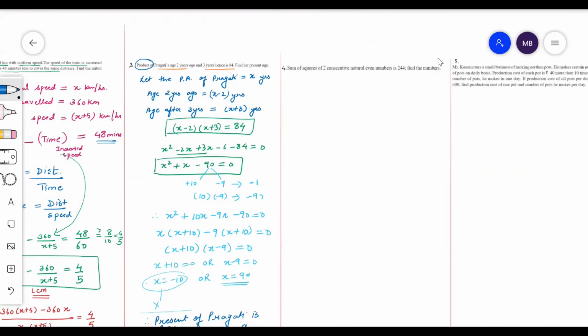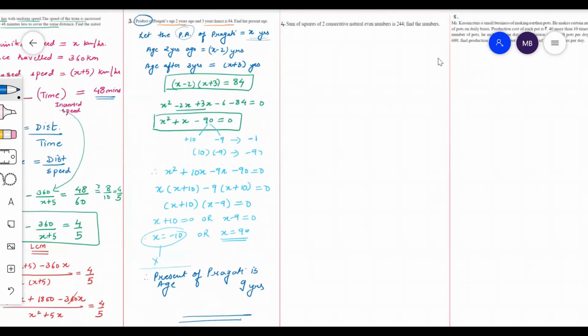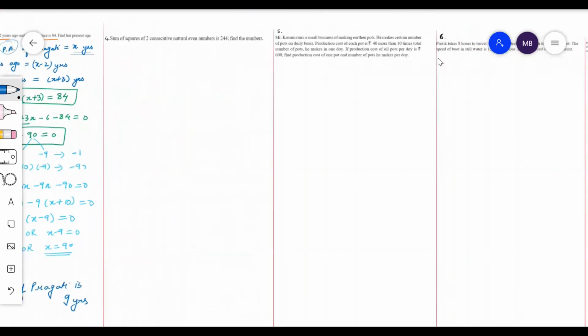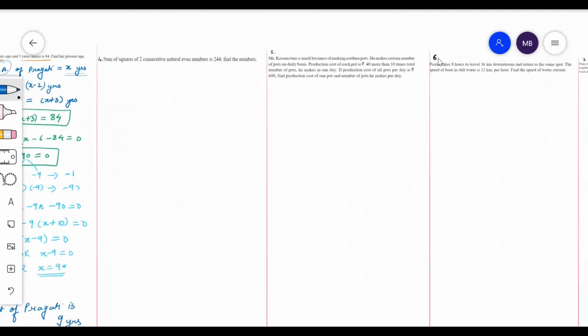Always remember, in age related problems, take the present age as X, and then according to the situation you can form the quadratic. Understood? Okay, now for the next questions I will be only forming the quadratic equation for you according to the situation, and then it is your assignment to solve the quadratic. Because we have already solved quadratics so many times.